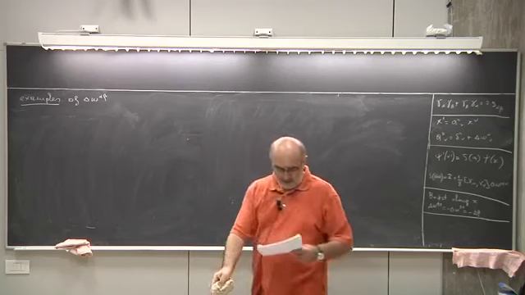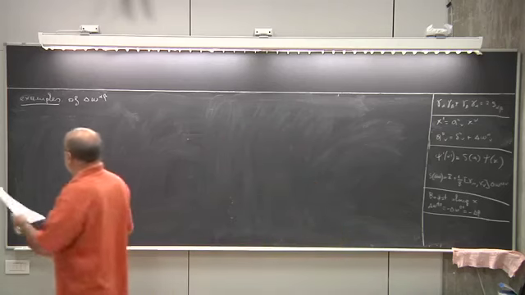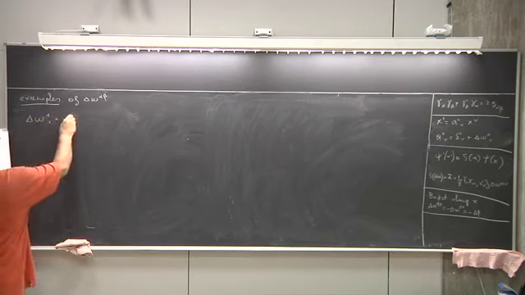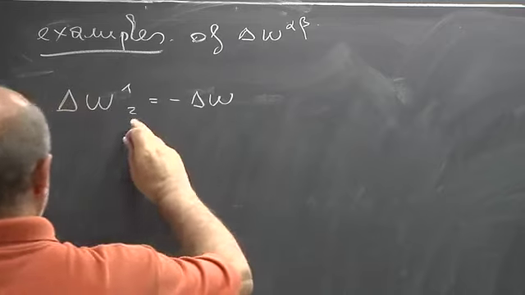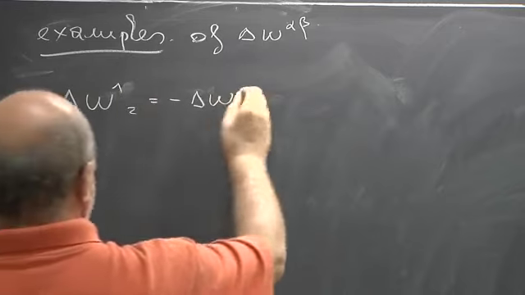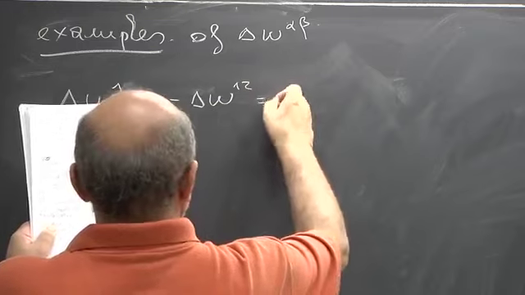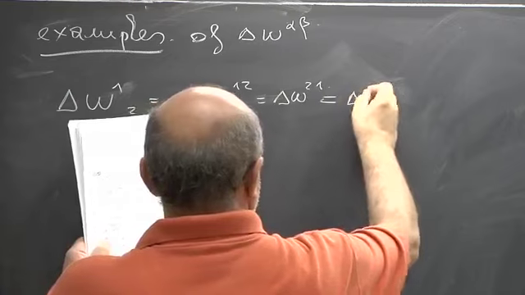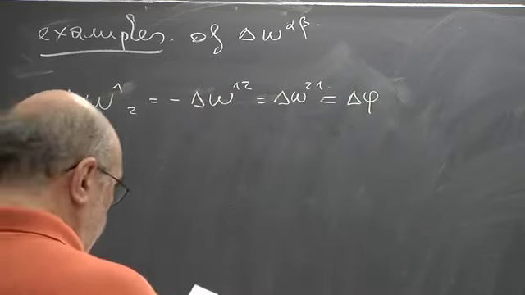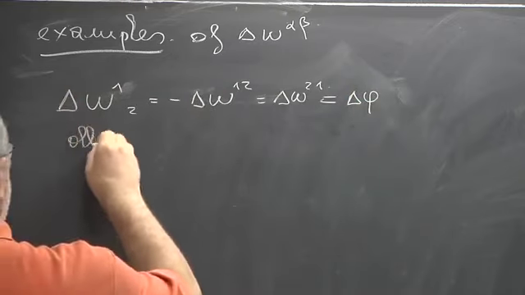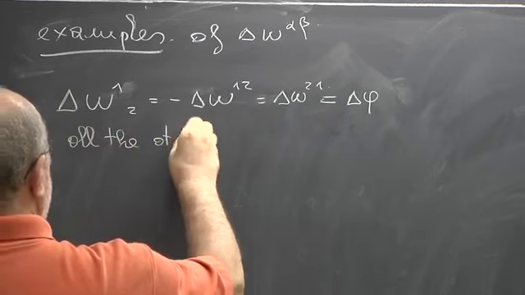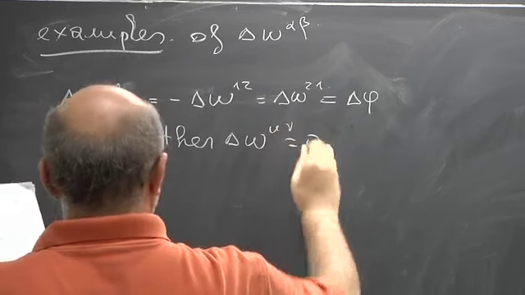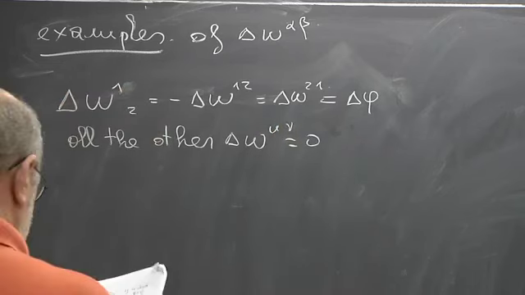So let me make this choice: delta omega 1 2, I bring the 2 up, then I change sign, minus delta omega 1 2 equal delta omega 2 1, and let's suppose this is a small parameter delta phi, and all the others, delta omega mu nu, equal 0.